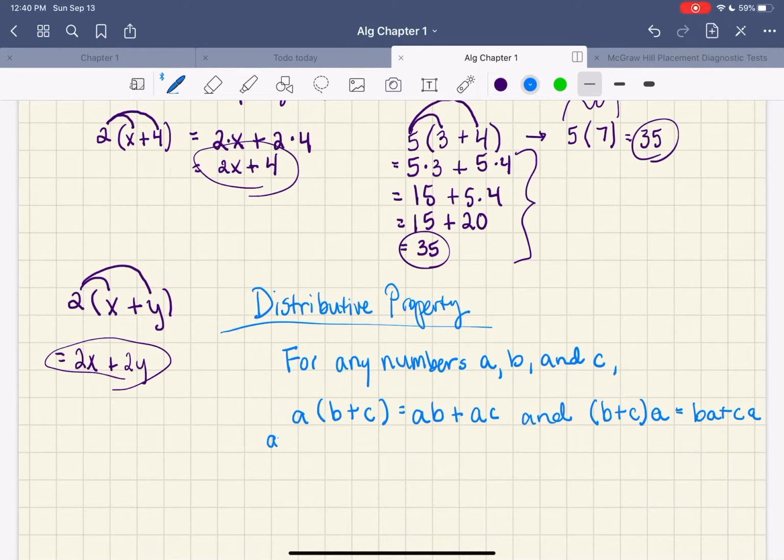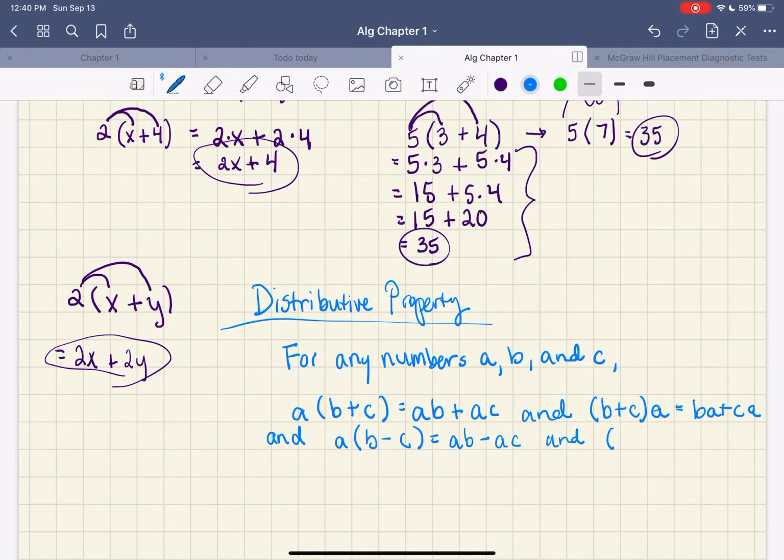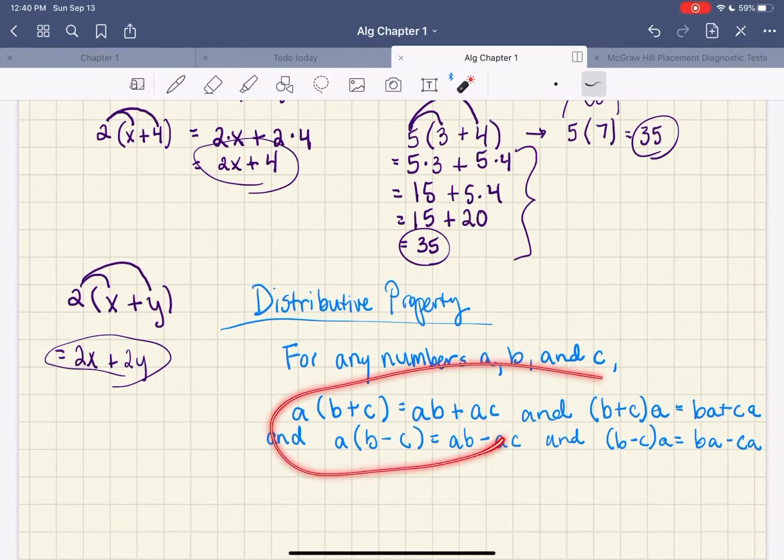And A times (B minus C) equals A times B minus A times C, and also (B minus C) times A equals B times A minus C times A. So there's a couple things that they are describing here with this grouping of things that seem very, very similar and redundant.